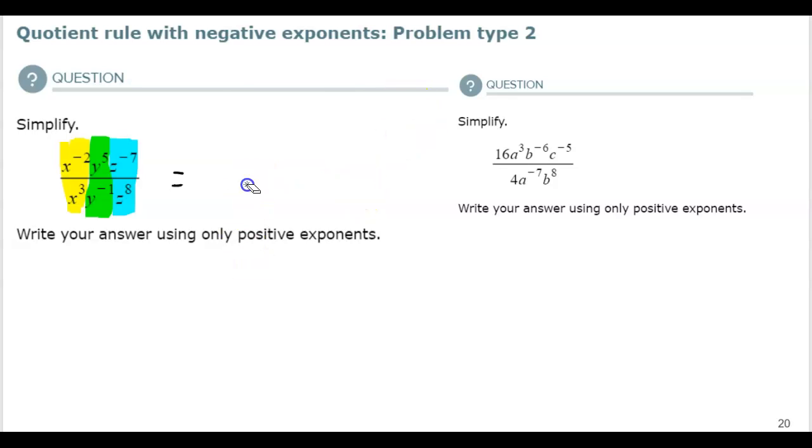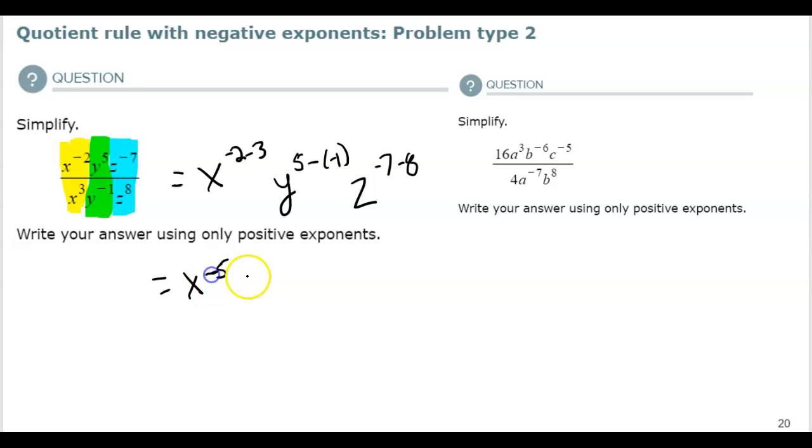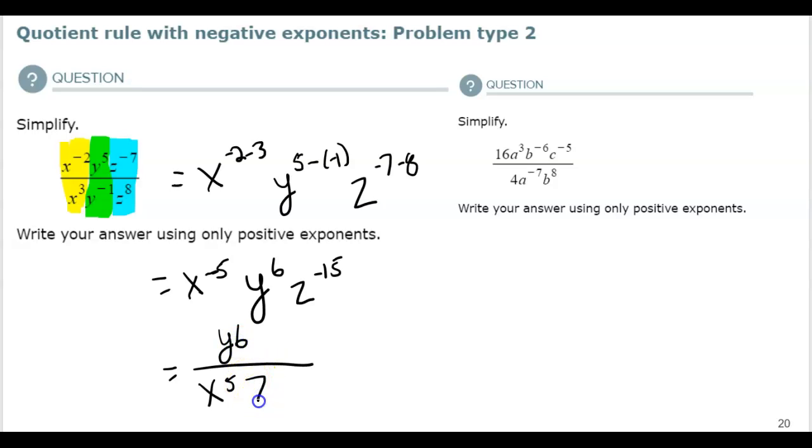So if I think of it this way, I have x, negative 2 minus 3, y, 5 minus a negative 1, z, negative 7 minus 8. If I simplify that, I get x to the negative 5, y to the 6, z to the negative 15. Now I can get rid of each of those negative exponents. My x becomes in the denominator, my y stays in the numerator, my z becomes in the denominator.